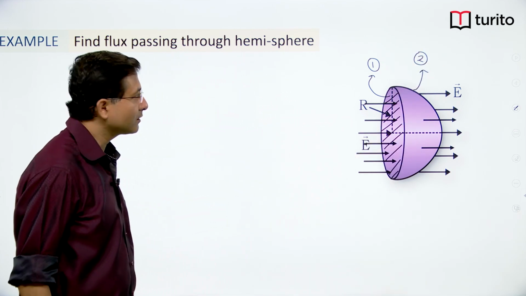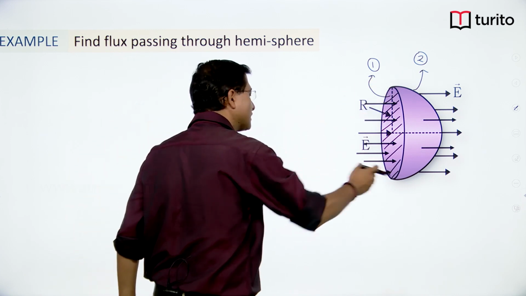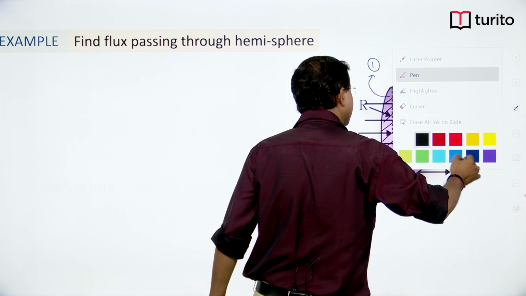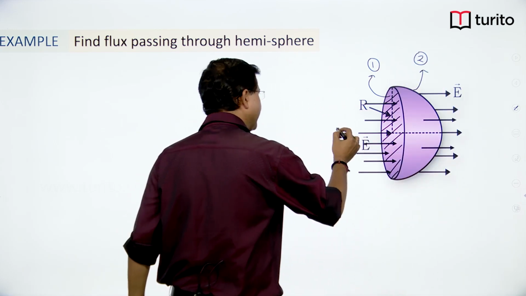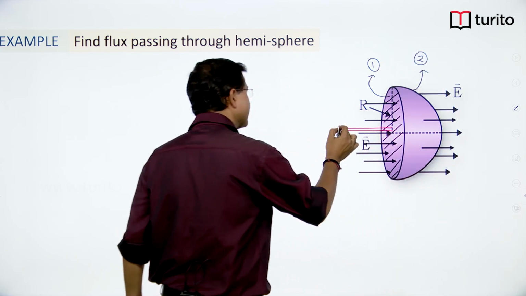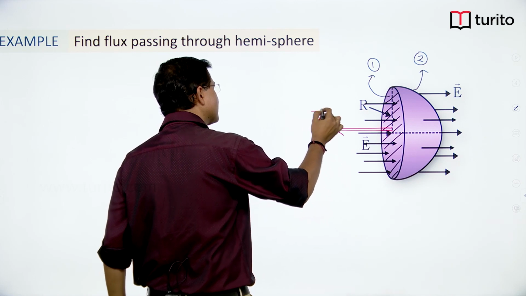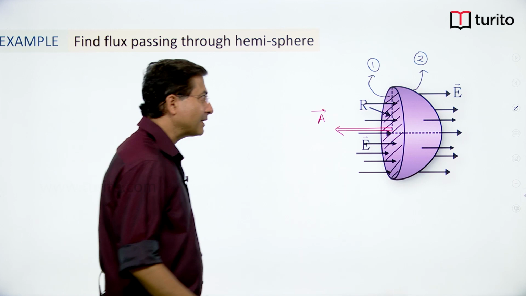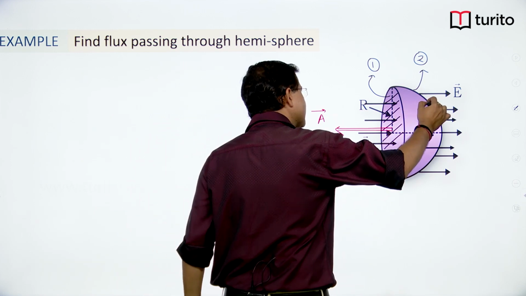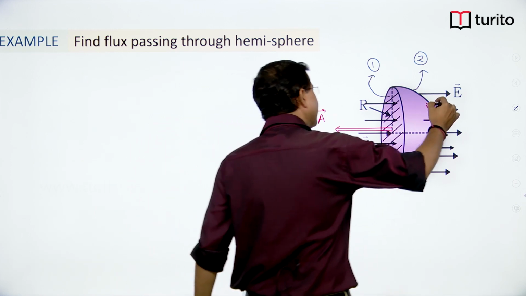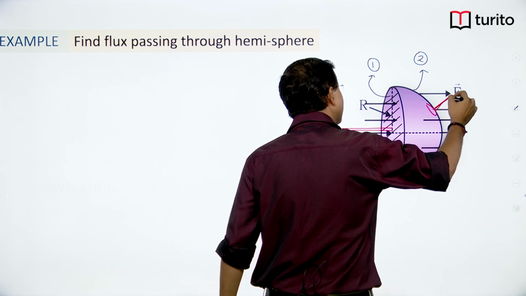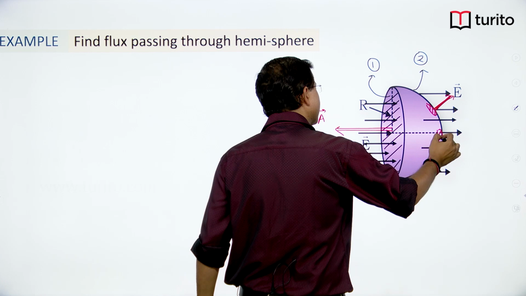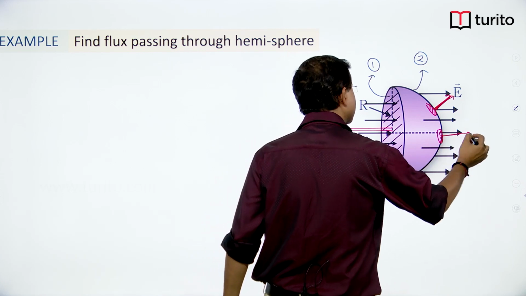So, for flat one, for this surface, area vector is defined in outward direction. So, the area vector here is like this is the area vector, but anywhere you take a small element over here, the area vector will be making different angles. So, here area vector will be like this. If I take element here, here area vector will be like this.